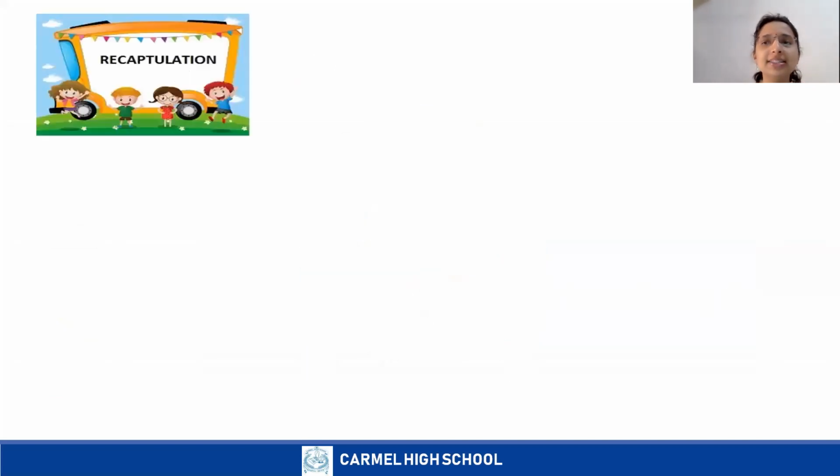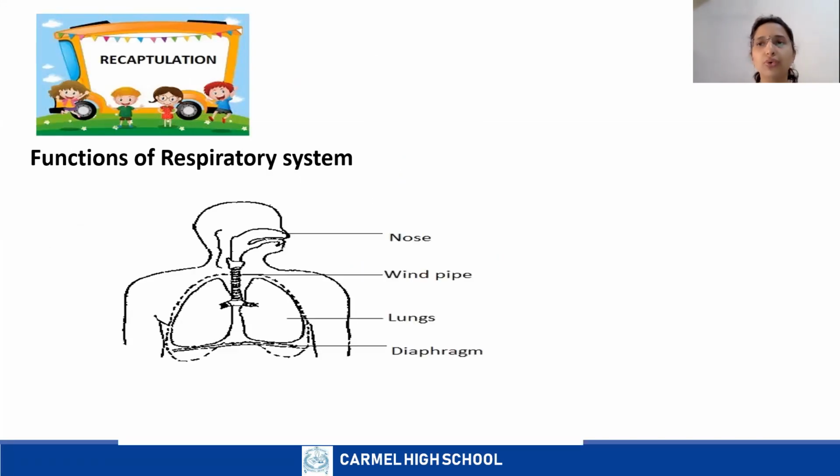In the last class, what have we learned? Functions of the respiratory system, right? What is the function of the nose, children? It inhales and exhales the air. Then what is the function of the windpipe? It is the passage between the lungs and nose, right?